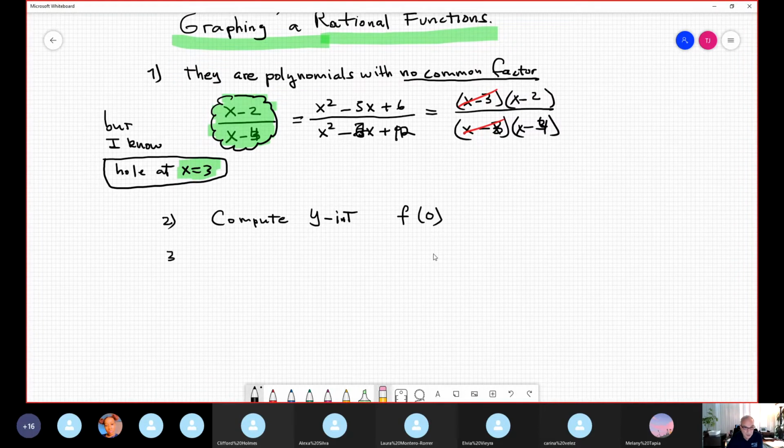And number 3, compute the X-intercept. And what is the formula? The formula is using function notation, f of x equals 0. But notice, we are working with a rational function, and the rational function is a division of polynomials.